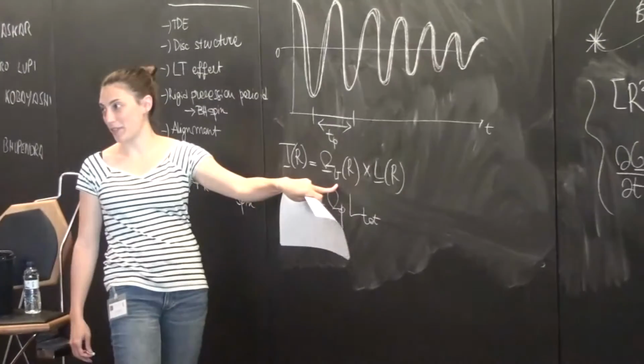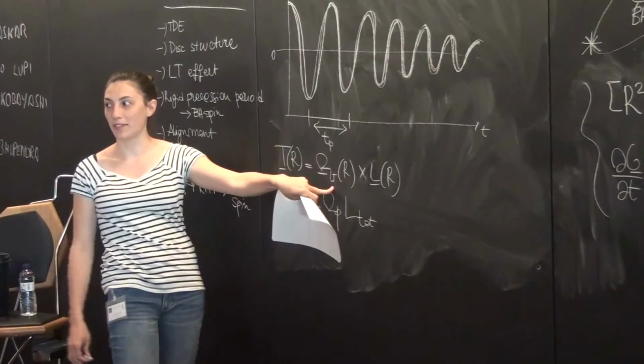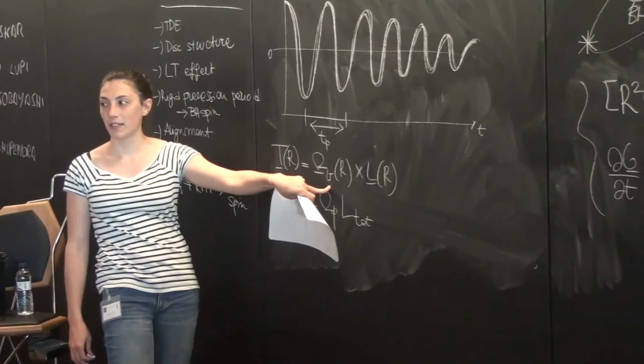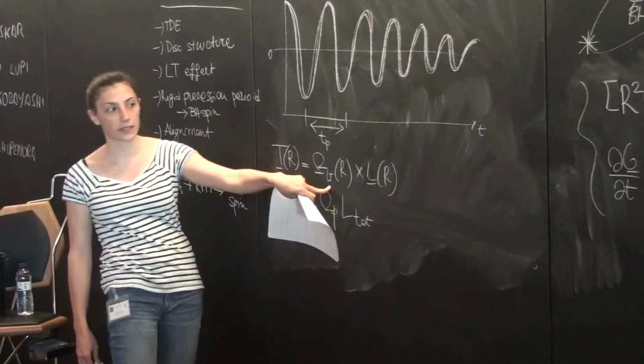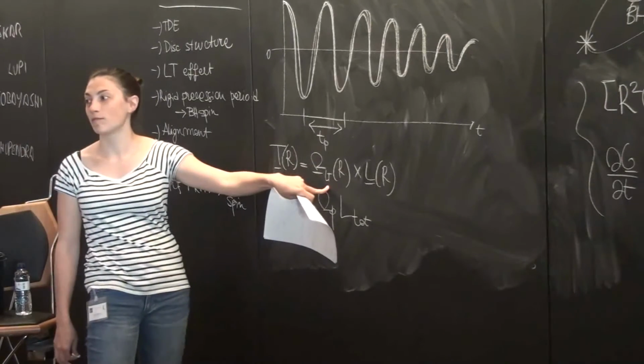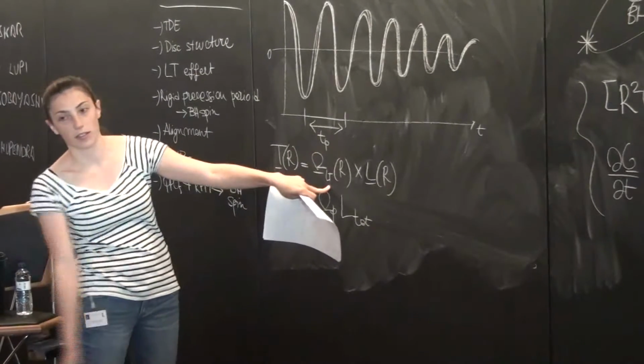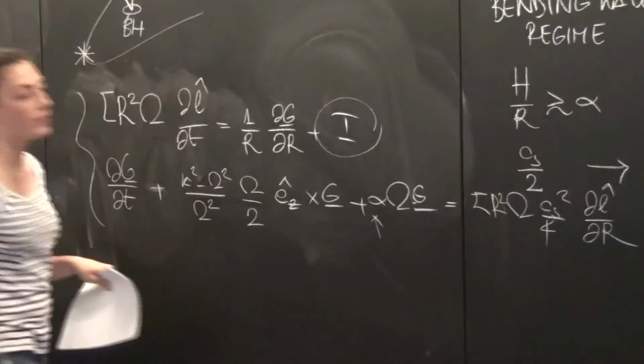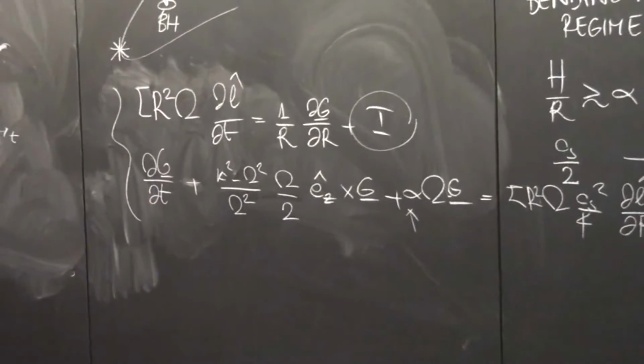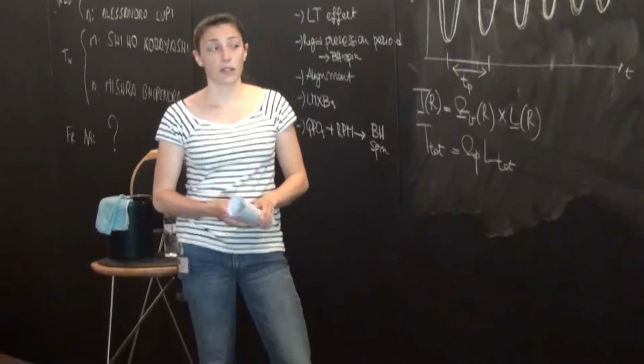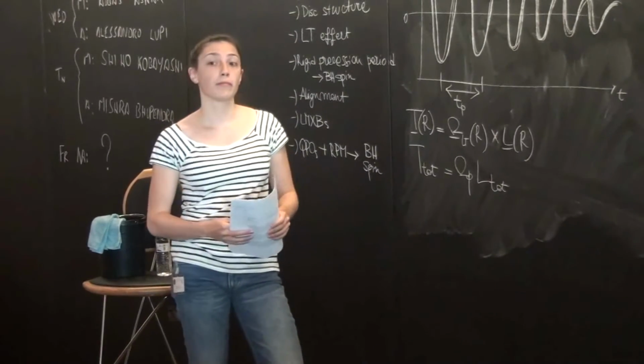And G includes viscosity? I mean, there is no viscosity there. And which value did you choose? Sorry? Which value did you use for alpha? For alpha, 0.05.